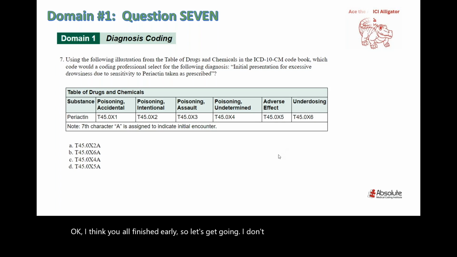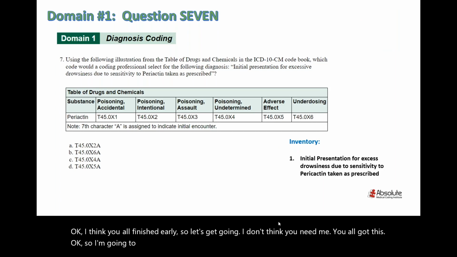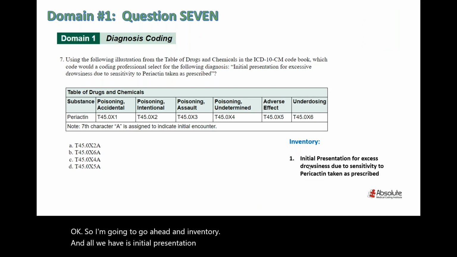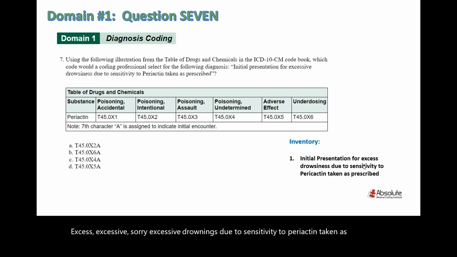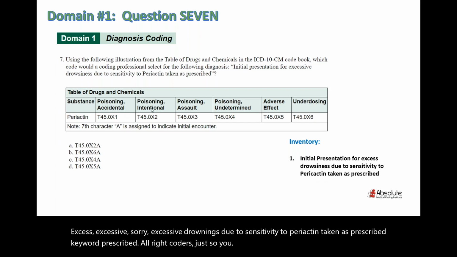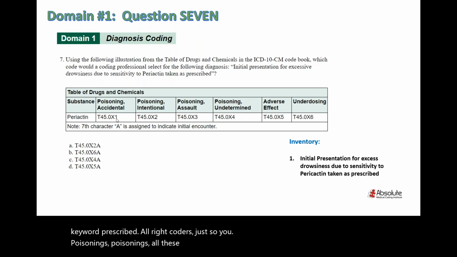I don't think you need me. You all got this. Okay, so I'm going to go ahead and inventory, and all we have is initial presentation for excessive drowsiness due to sensitivity to periactin taken as prescribed. Keyword prescribed. All right, coders, just so you know, all these poisonings, 6th character 1, 2, 3, and 4, these are improper and they are not prescribed.